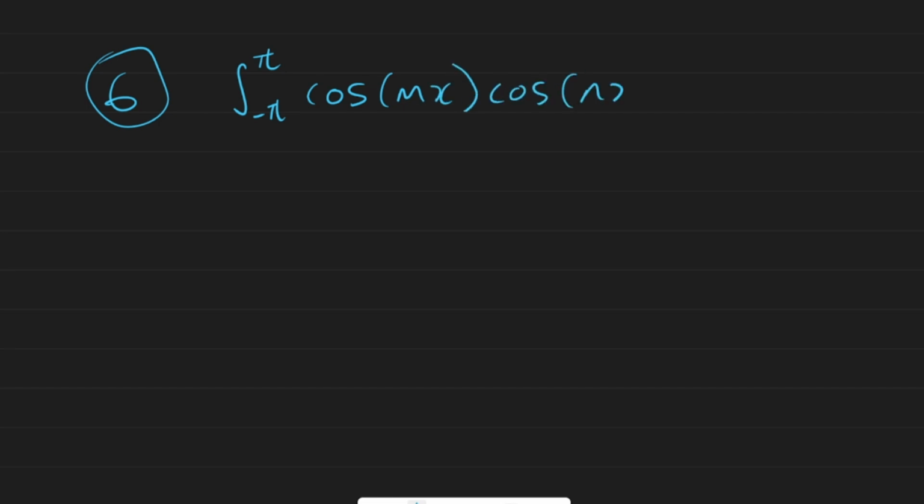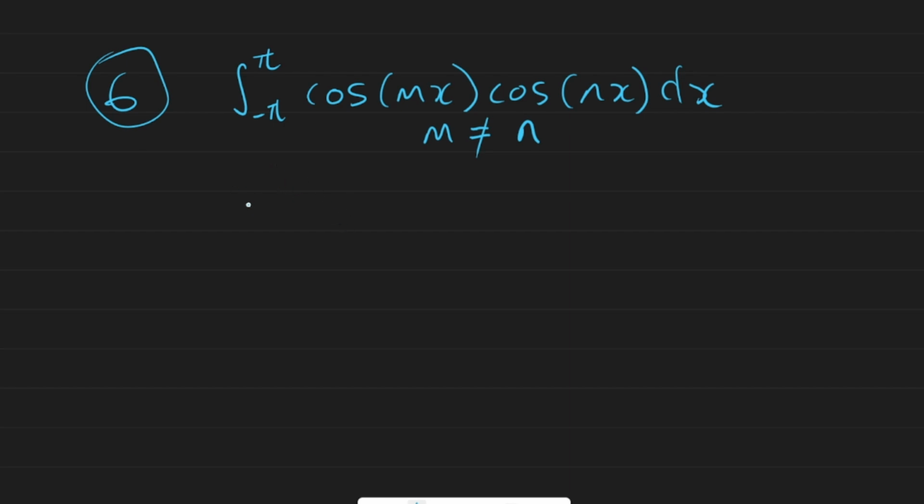So the sixth integral that we're looking at is the integral from minus pi to pi of cos mx times cos nx dx. We had done this just now, but what we had said was m was equal to n. So now we are considering the case where m is not equal to n. So how do we evaluate this integral?